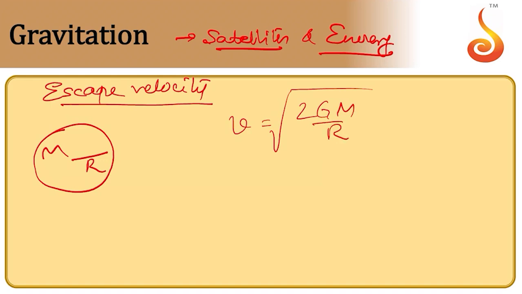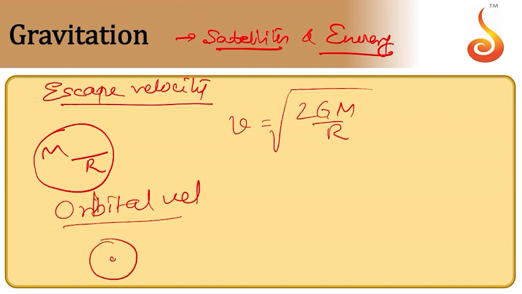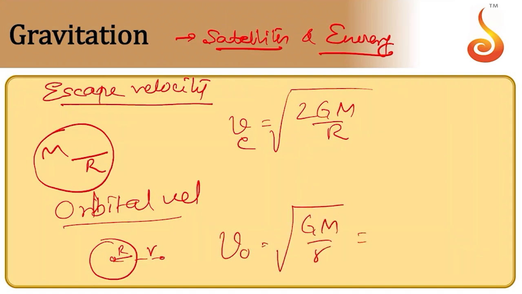Suppose I consider the orbital velocity. That means there is a low orbital satellite, then the orbital velocity is given by square root of GM divided by r, or this can be written as square root of GM divided by r plus h.